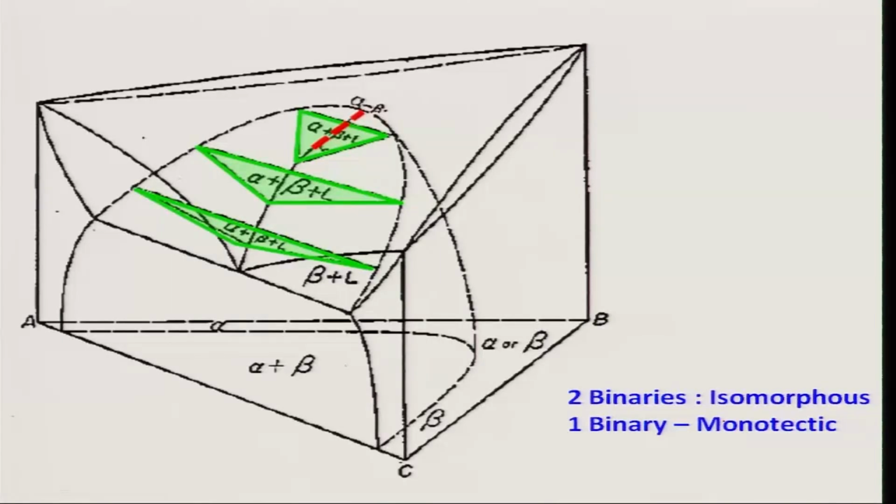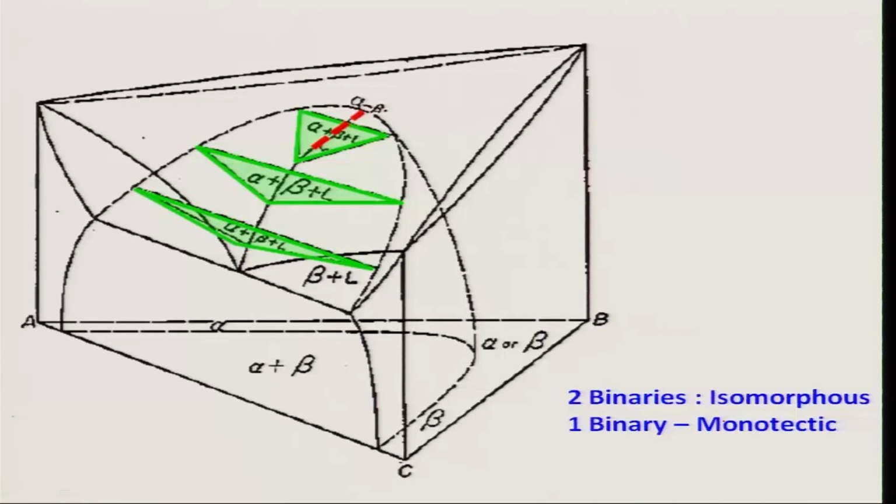So, out of the 6 I am showing you only 4 different types: isomorphous plus eutectic, isomorphous plus peritectic, isomorphous plus monotectic.